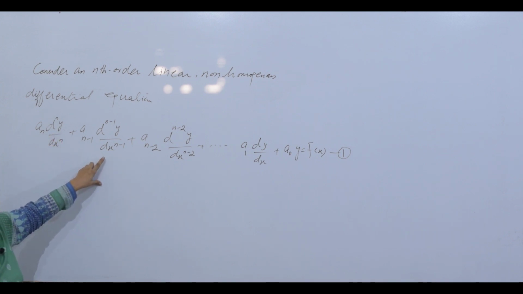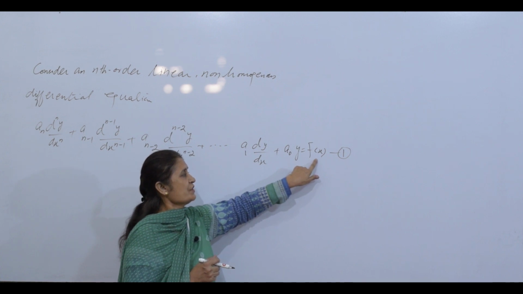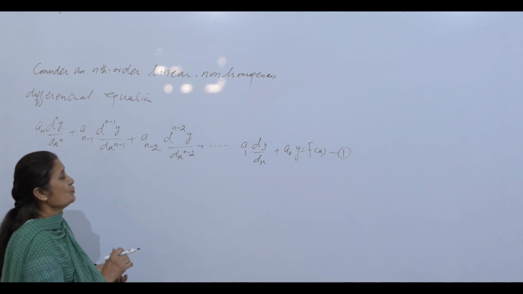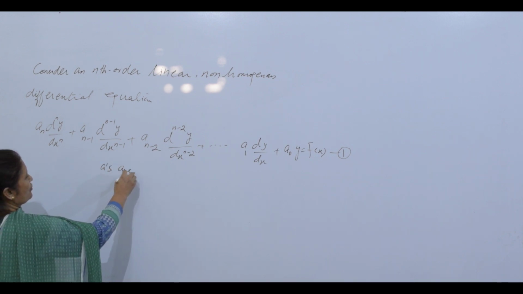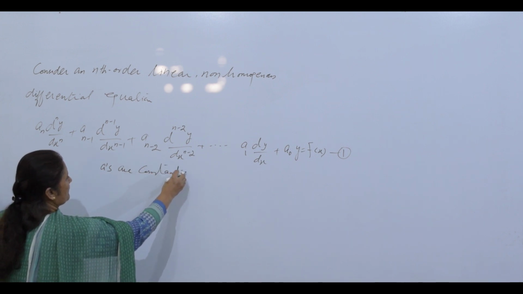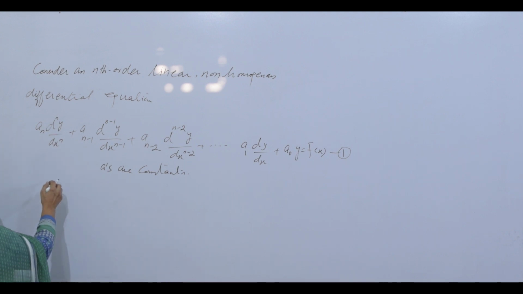linear non-homogeneous differential equation. It is non-homogeneous because of this function. If this function is equal to 0, then the rest of the equation is homogeneous, where the a's are constant coefficients. This is non-homogeneous because of this.